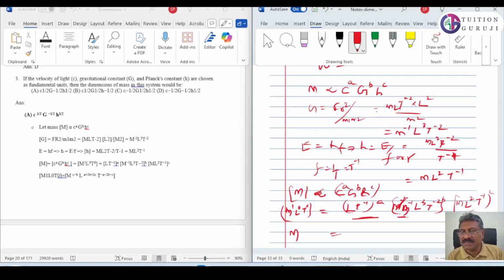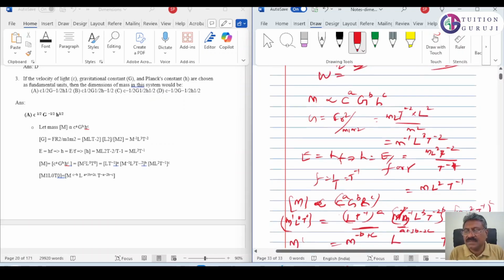So what we'll get is M raised to 1 is equal to M raised to minus b plus c. Then L raised to a plus 3b minus 2c. Then T raised to minus a minus 2b minus c.